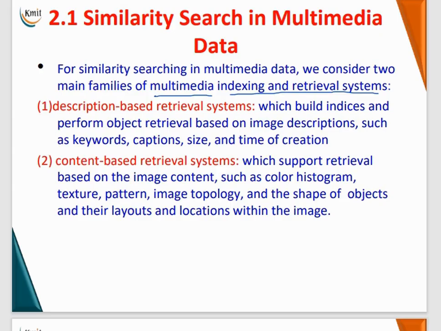Description based retrieval system builds indices and performs object description based on image description such as keywords, that is, it allots some particular keywords, caption, size and time of creation. Next, content based retrieval system supports retrieval based on image content such as color histogram, texture, pattern, image topology.